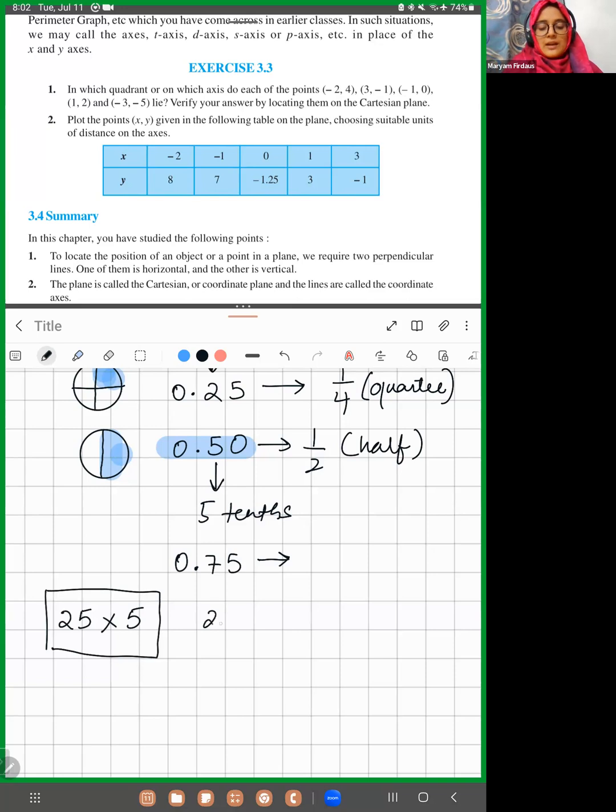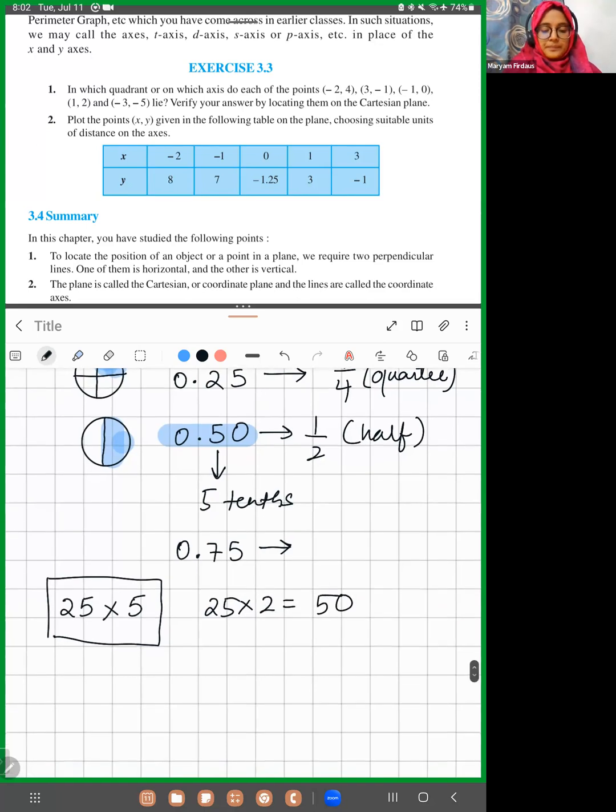So 25 ones are 25, obviously. 25 twos are 50. 25 threes are 75. 25 fours are 100. And this is a very important combination that you need to remember: 25 and 4 are very good friends and they go very well with each other, because when multiplied, they give 100.